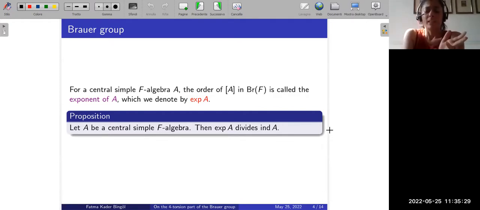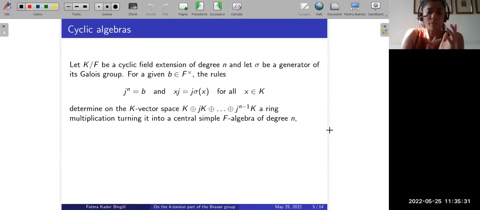Now I want to give an important class in the Brauer group, the cyclic algebras. I start with the classical definition of the cyclic algebras because I feel more comfortable with that. So I will recall that definition. Let K over F be a cyclic field extension of degree n, an integer. Let sigma be a generator of its Galois group and fix a non-zero element B. Now consider an n-dimensional vector space over K with a basis 1, j, j squared, up to j to the power n minus 1, and define the following rule.